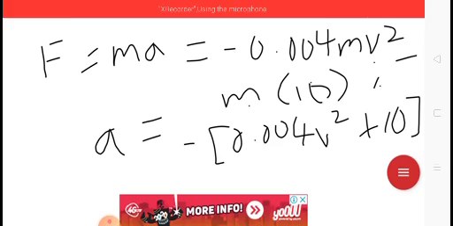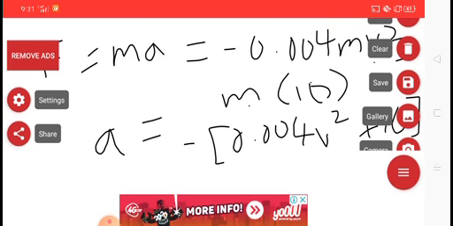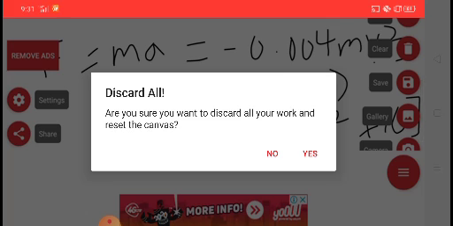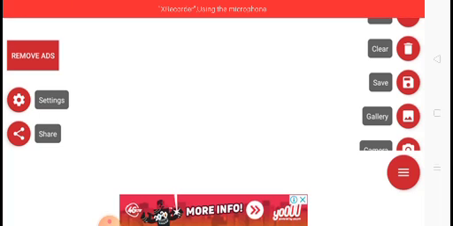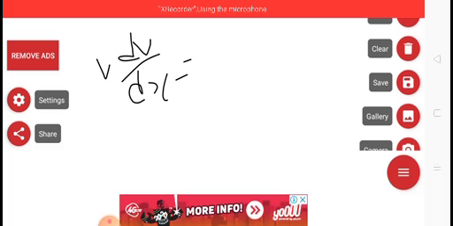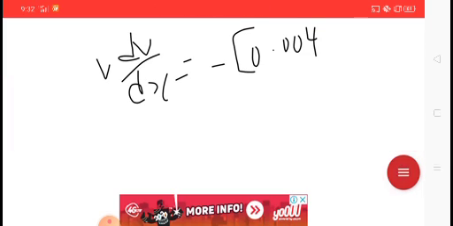So if you want to change this equation to the equation stated in the question, you may change the a to become v dv/dx. So v dv/dx will be equal to negative 0.004 v squared plus 10.